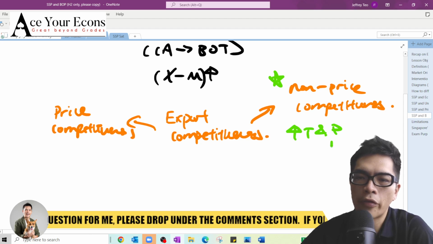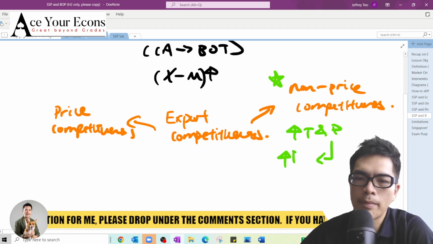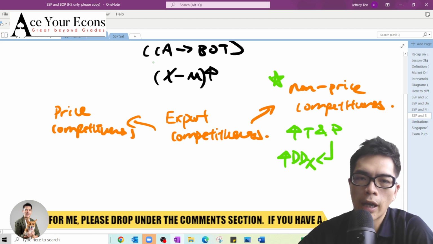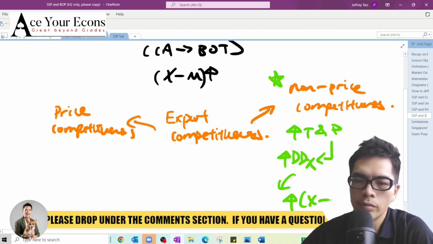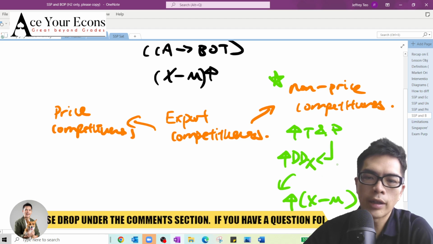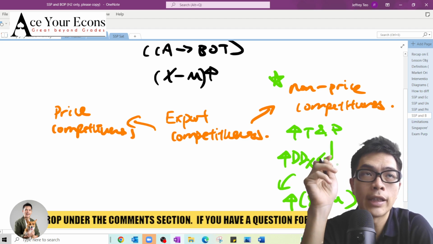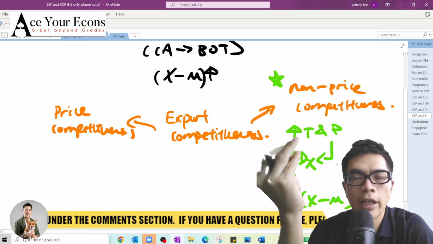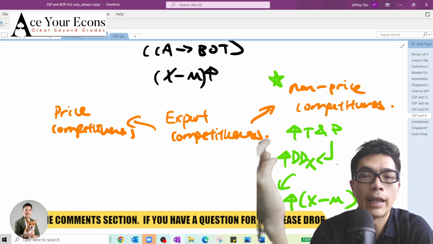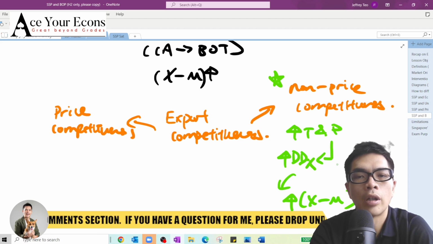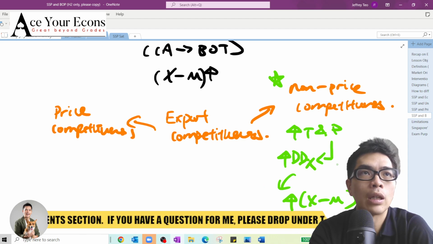Higher taste and preference for the good, higher demand for exports, and your X minus M will be improved. So we are targeting the non-price aspect of the export. So things that you want to talk about will be the quality of the export that's going to be enhanced. And offhand, I don't have any good examples.